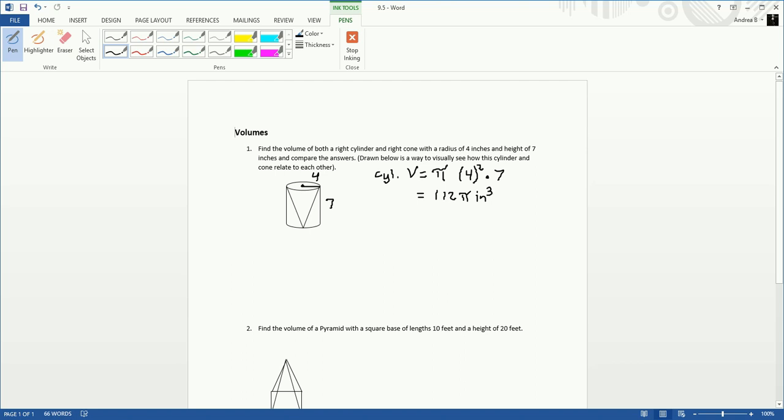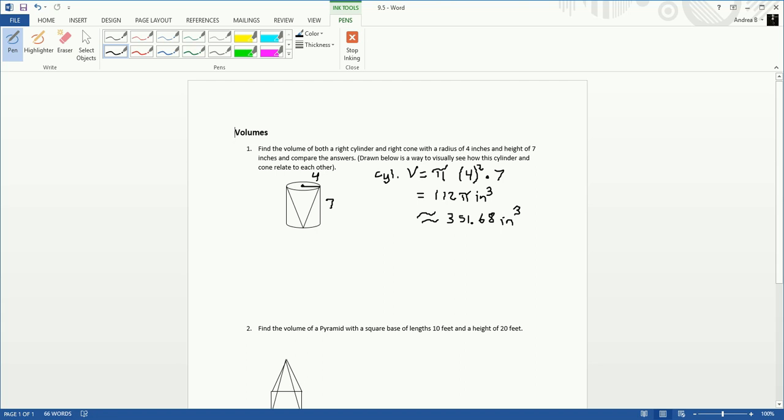Or if it asks for an approximation with pi being equal to 3.14, it would be approximately equal to 351.68. Same units there, cubic inches, or inches to the 3rd power.